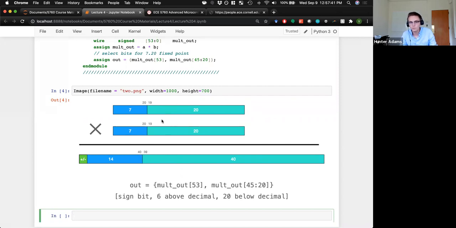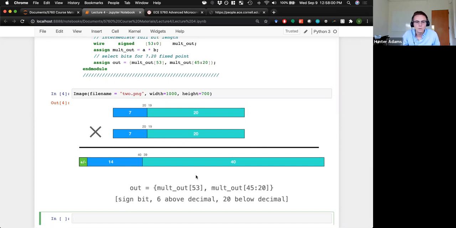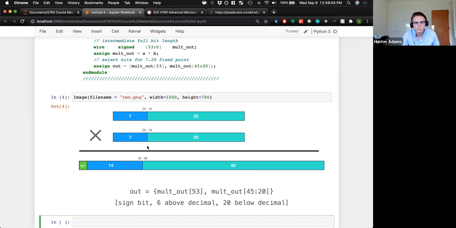These two numbers that we multiplied both had 7 bits above the decimal, so the resulting output has twice that, 14 above the decimal, and they each had 20 below, so the resulting output has 40, which is twice that below. So then why are we grabbing these specific numbers? Because these are signed inputs, they're being represented in 2's complement. So the sign bit lives in the uppermost, the most significant bit of this value.